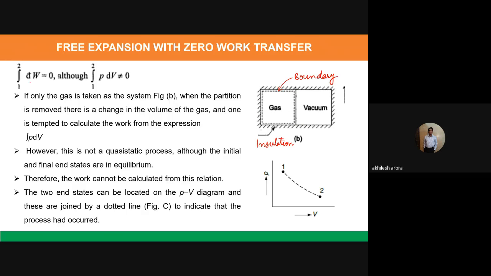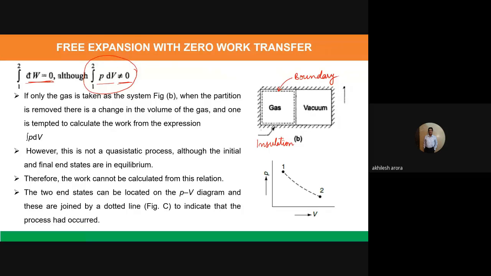We say that delta W is equal to 0, so that means there is no work transfer. And when we calculate the value of PdV also, that is not equal to 0, but it does not represent the work transfer. PdV is a work transfer in a simple compressible system. In this particular case, we have considered a fixed boundary which is not changing.